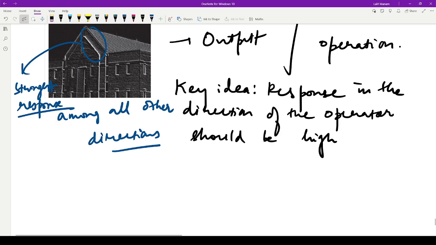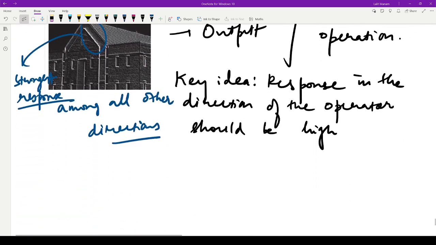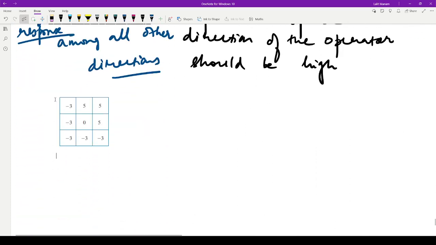So since you have this as the strongest response, then what can you say? Any filter which goes in this direction is your answer, your compass operator. So I think the answer is this.